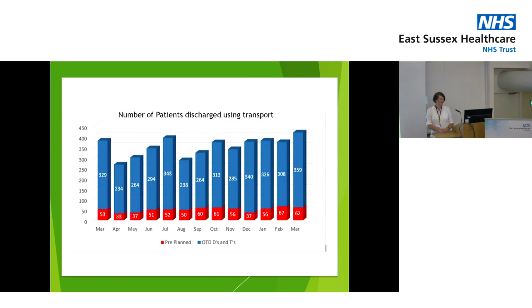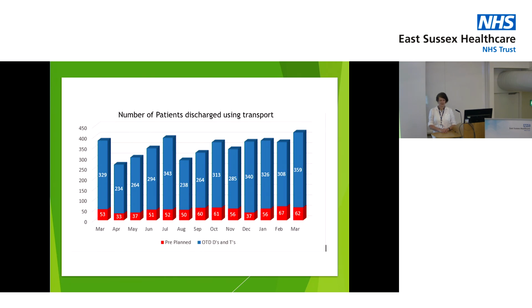This chart shows the number of discharges we've used for the patients over the year. Again, it's March 2020 to 21. In the red, you can see the pre-planned bookings. The blue is on the day bookings. We'd like to see a lot more red bookings.